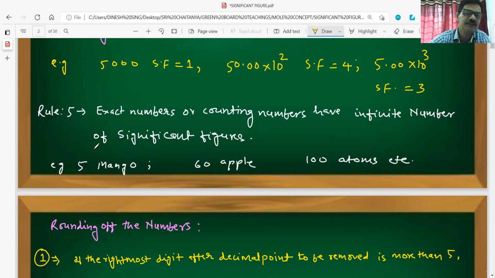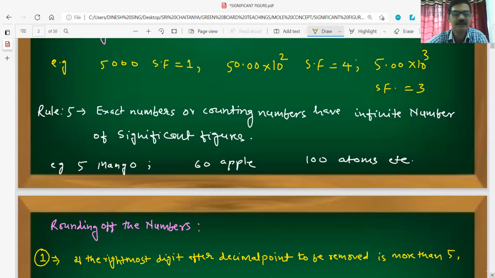So therefore, these counting numbers will have an infinite number of significant figures. 60 apples can be written as 60.0000, etc. 100 can be written as 1.0000 into 10 power 2. Any zeros we can put after the decimal point. So in such cases, that is the exact numbers or counting numbers, the total number of significant figures will be infinite.